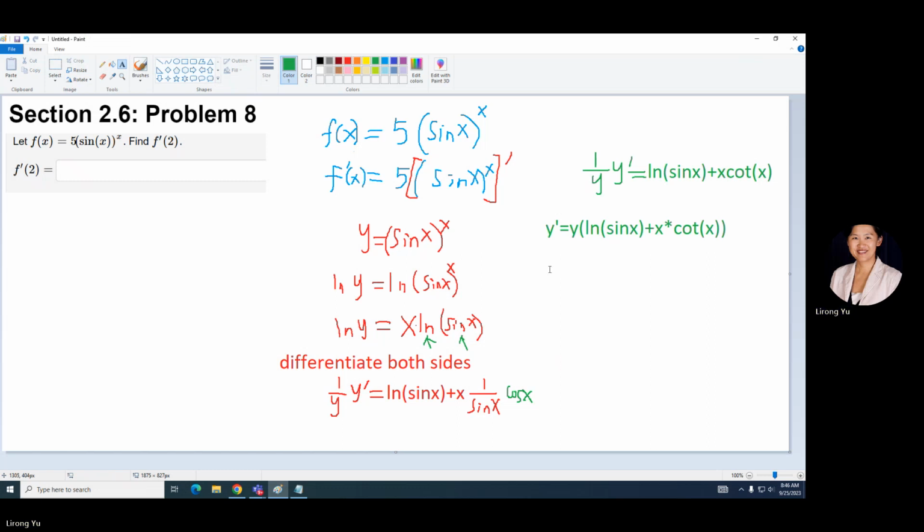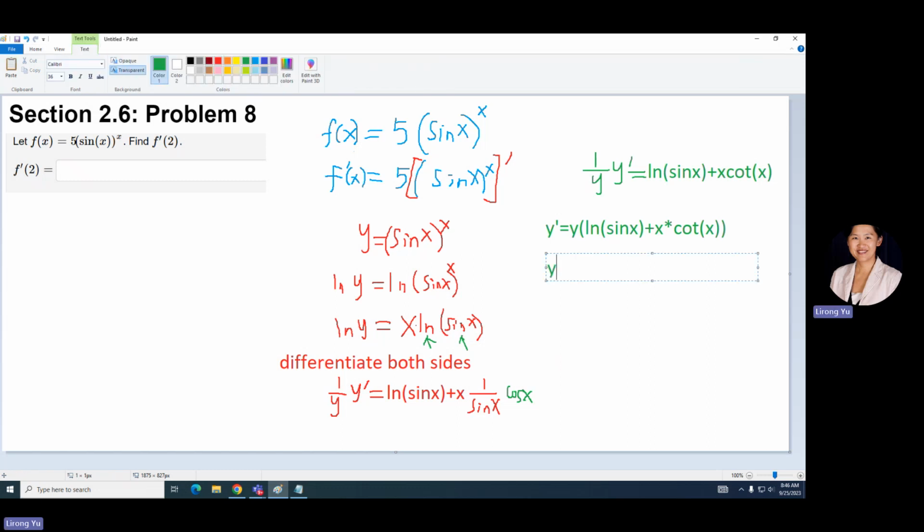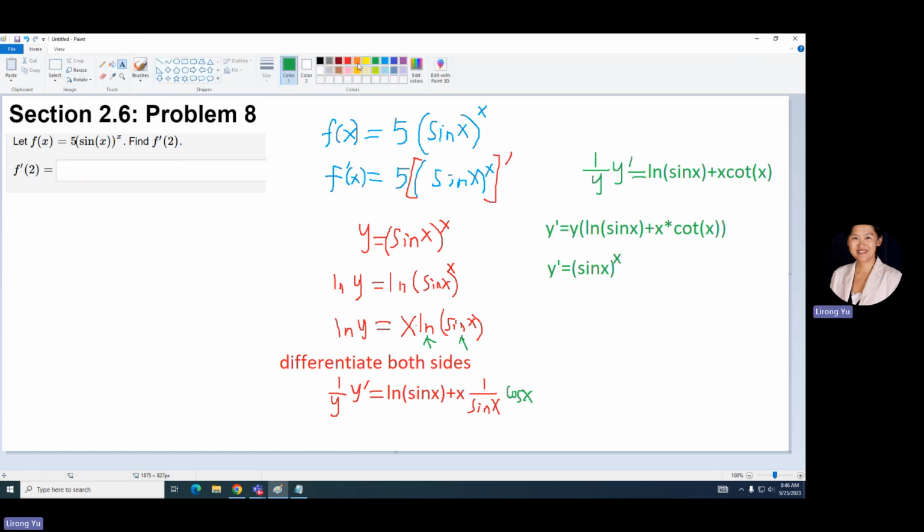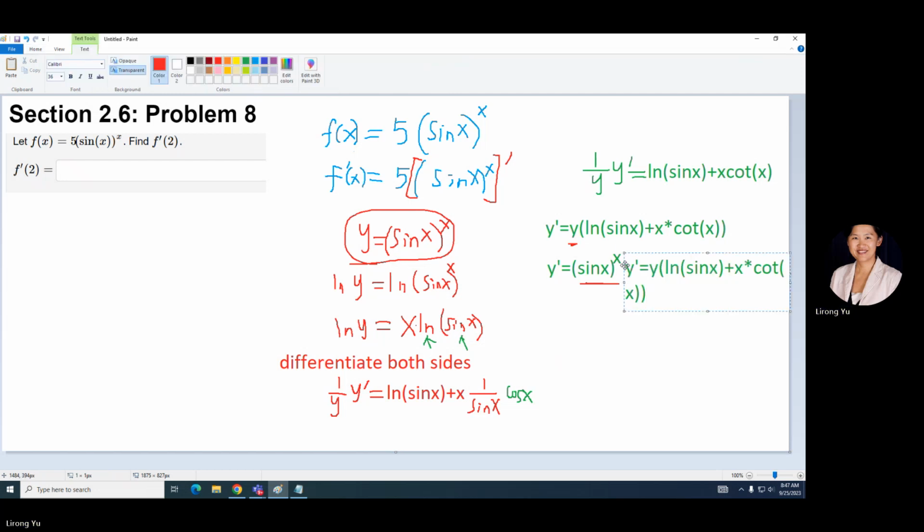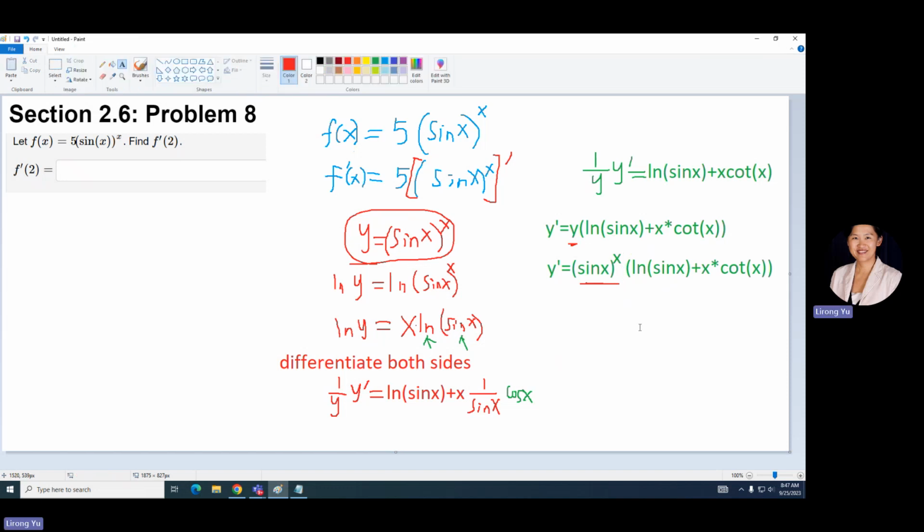We're going to write that y equals sine x to the x, so y prime equals sine x to the power of x. That is expanding the y. We can't keep the y notation there. We have to rewrite the y. This is how y is defined, so that is multiplied by the rest. Okay, so that's our y prime. This is the derivative of this.